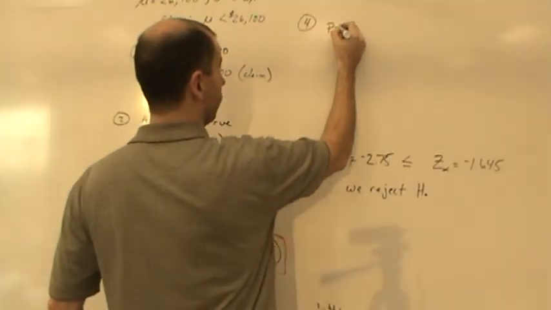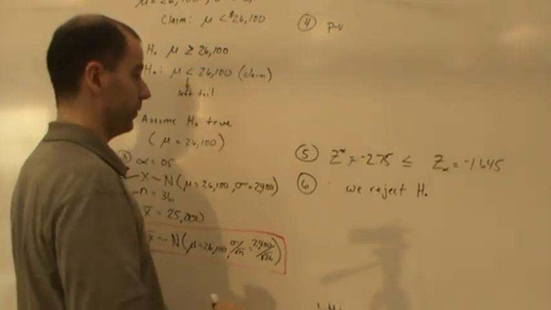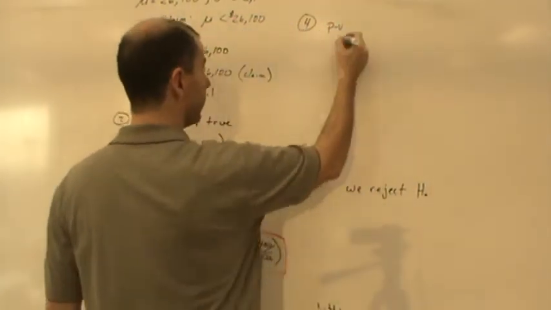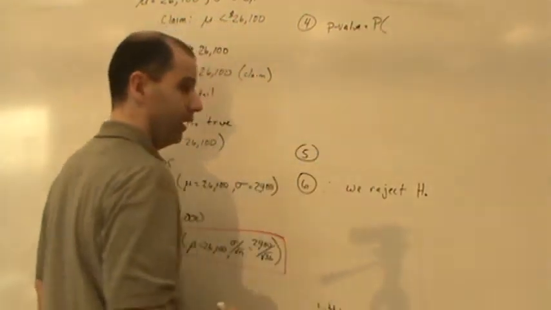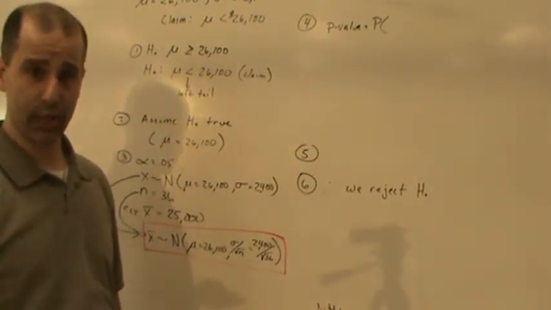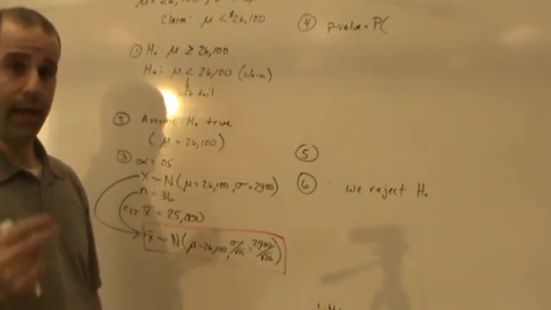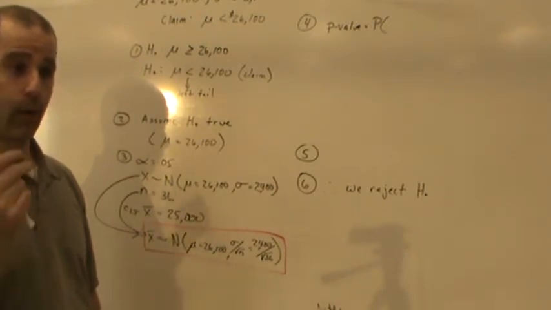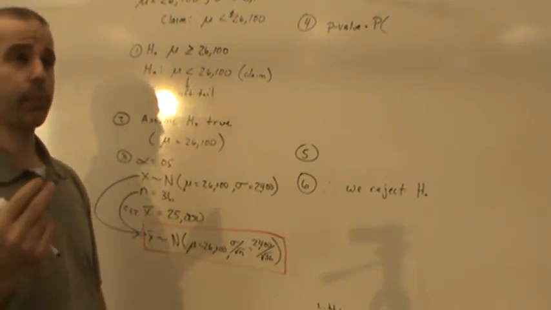This is a separate method, the p-value method, where we're going to calculate the p-value. The p-value is equal to the probability of having a test statistic as extreme or more extreme than the one we got.